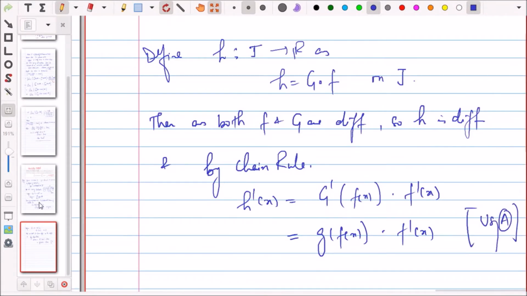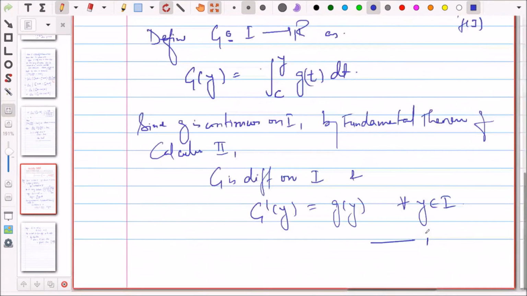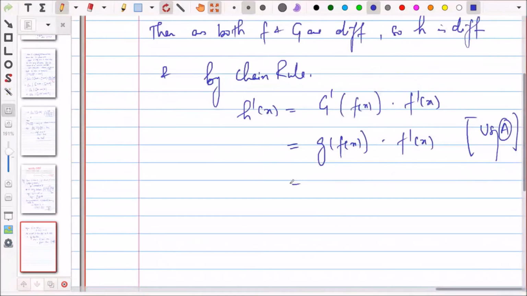Call it as a. ठीक है, is it fine? So h dash x is equal to g of f(x) into f dash x.